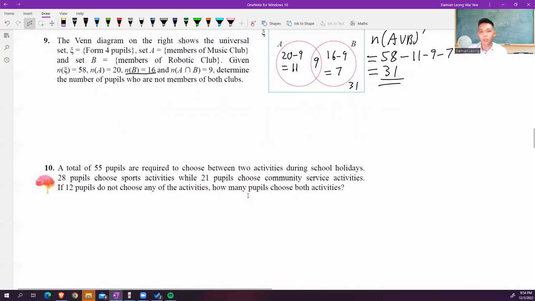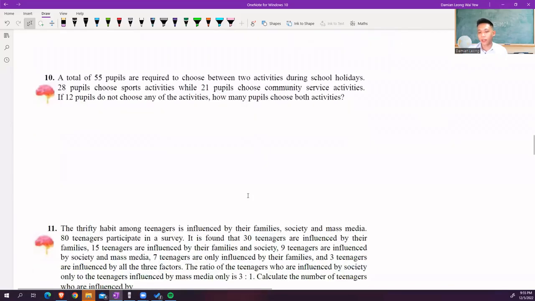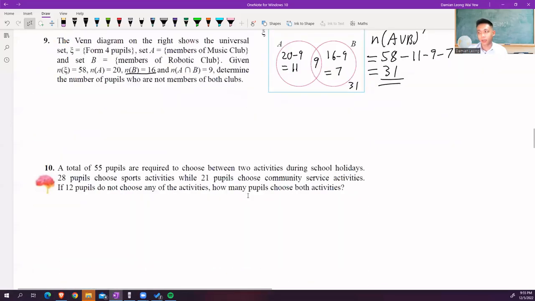Okay. So see, I don't have any diagram here. So when I don't have any diagram, it's good to sketch out a Venn diagram. Then it's easier for you to see the whole thing, easier for you to analyze what we have, what we don't have, what we want to find.